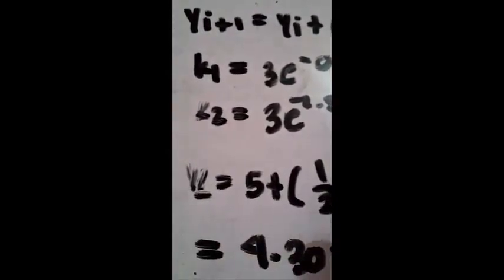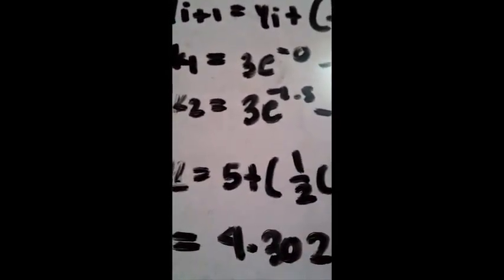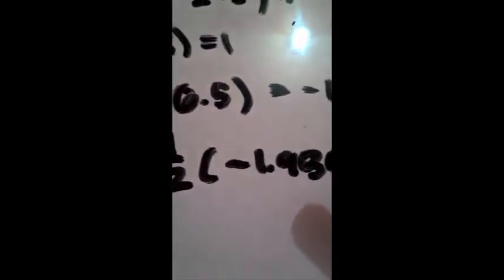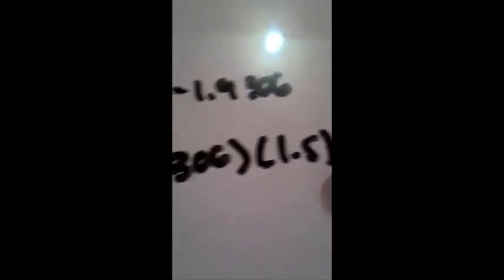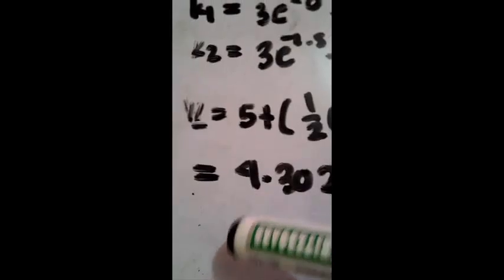Now we have our k1 and k2. Now we just substitute the answers from k1 and k2 into our main formula. 5 plus 1/2 times 1 plus 1/2 times negative 1.9306 times 1.5. Our answer is 4.302 for Heun's method.